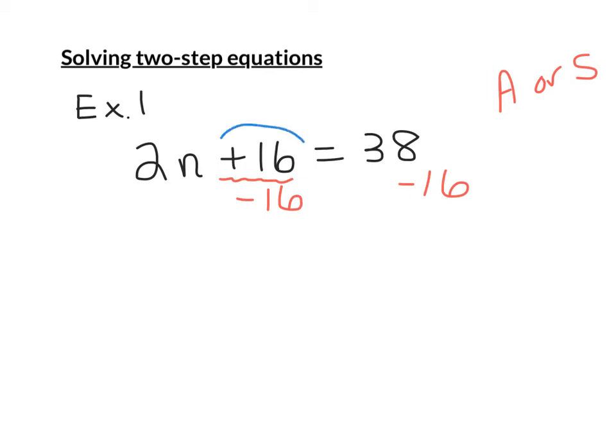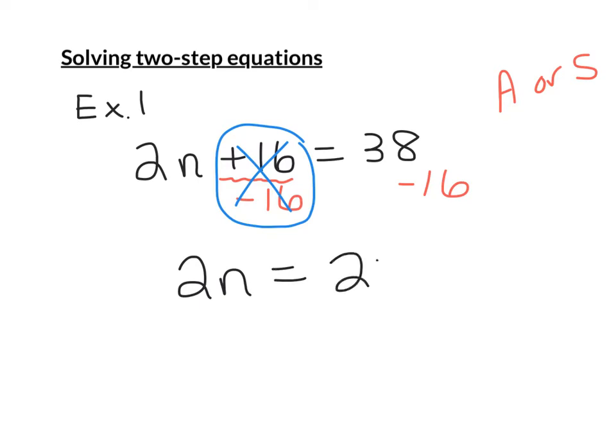This plus 16 minus 16 equals 0. So this is gone. I'm left with 2n equals, now 38 minus 16 is equal to 22. Now, the operation that's between 2 and n is multiply.